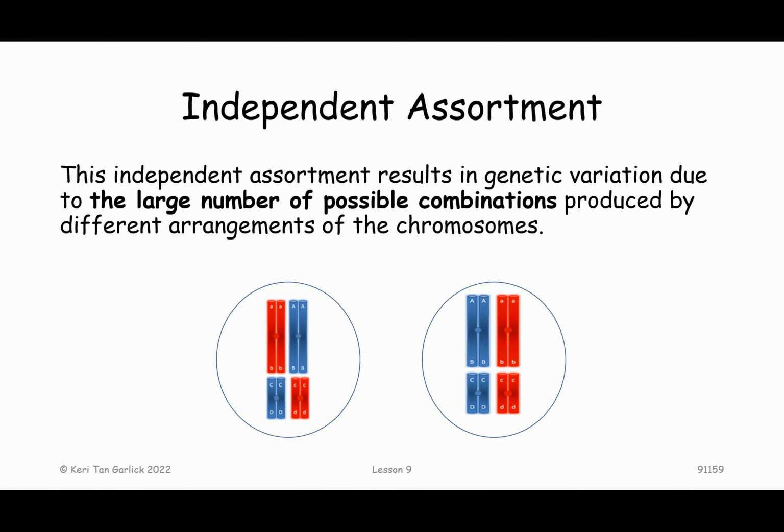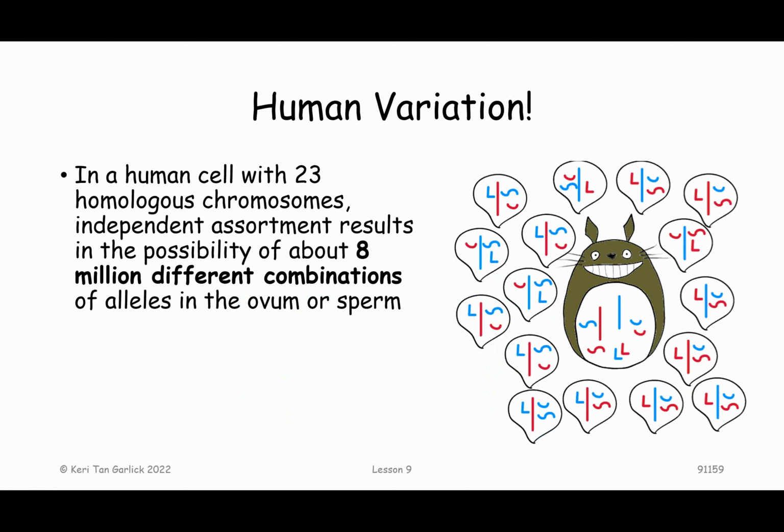Each homologous pair of chromosomes will segregate itself independently, thus the term independent assortment. That means there's a large range of possible combinations, because you have to remember there are 23 pairs of chromosomes. Since we have 23 pairs, each one's going to line up on its own without any influence from the other ones.